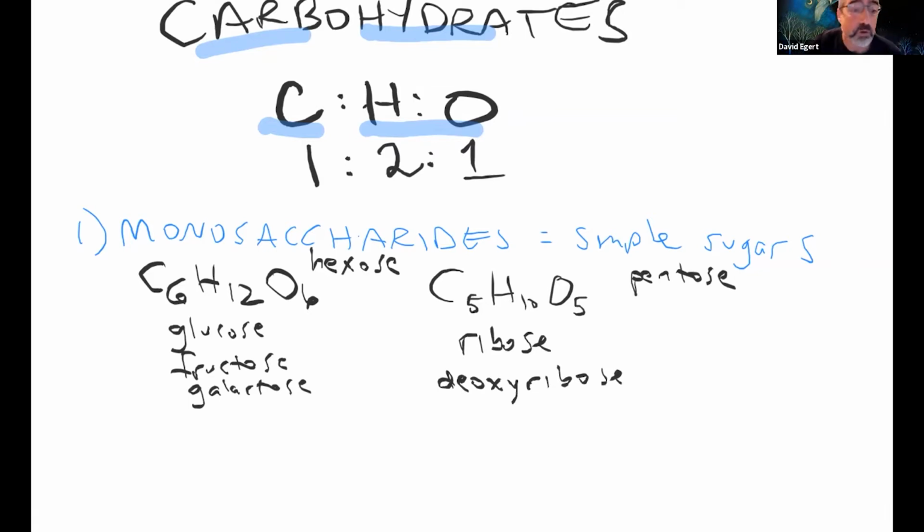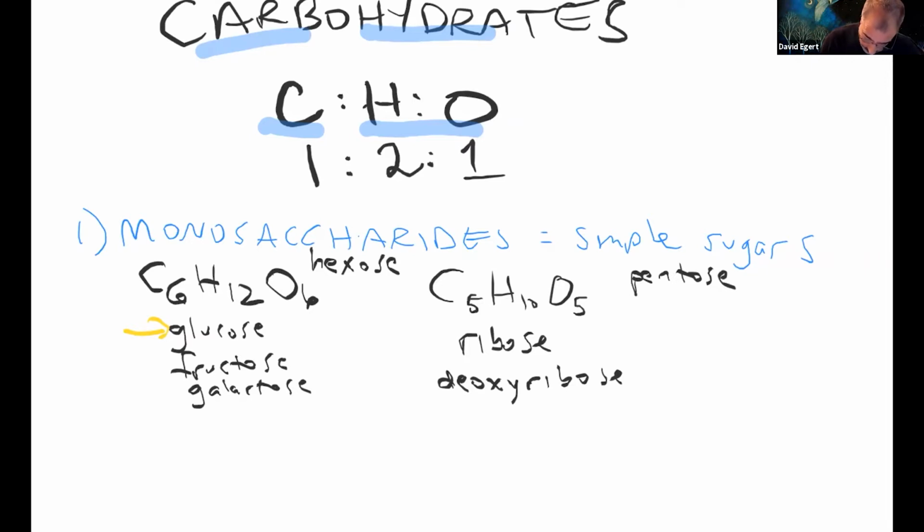So these are simple sugars. Again, we will be seeing a lot of glucose because it is the main thing that feeds into cellular respiration, driving the energy production in your cells.